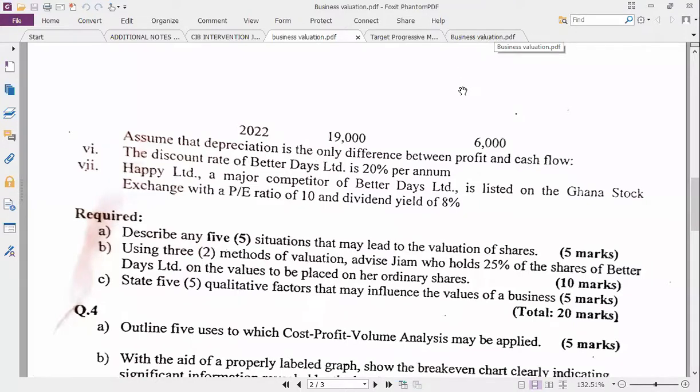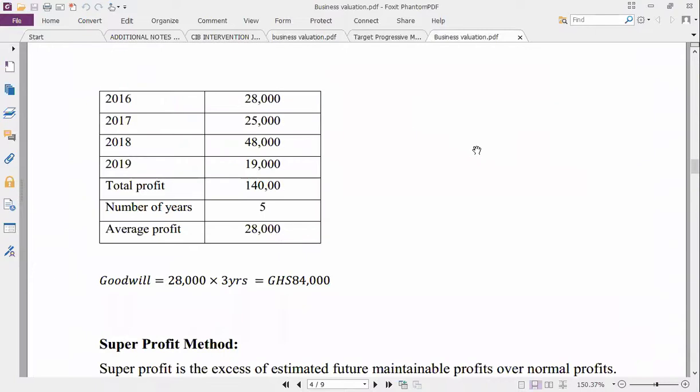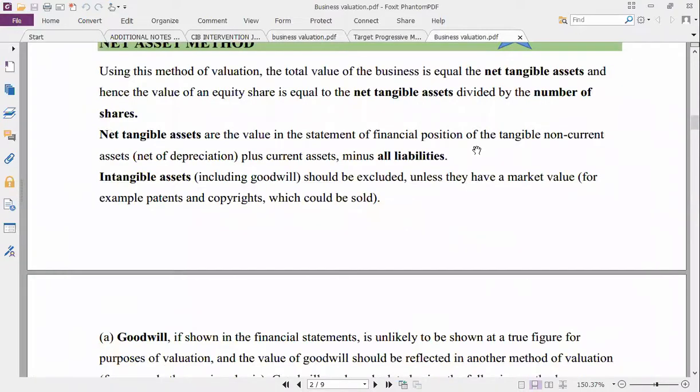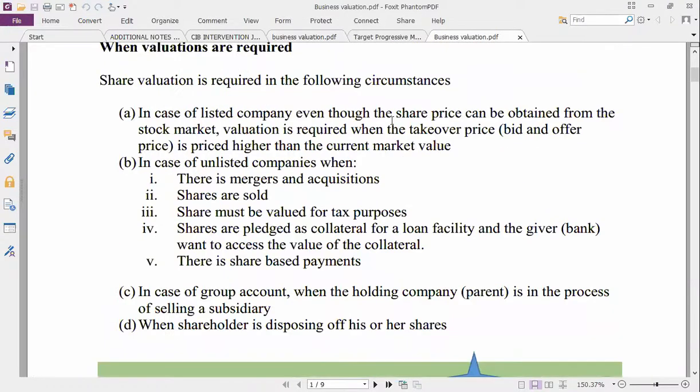You can get all of this from some material. That is this very one. Share valuation is required in the following circumstances. So any of these 5, it's okay. Any of these 5, you are free to go.